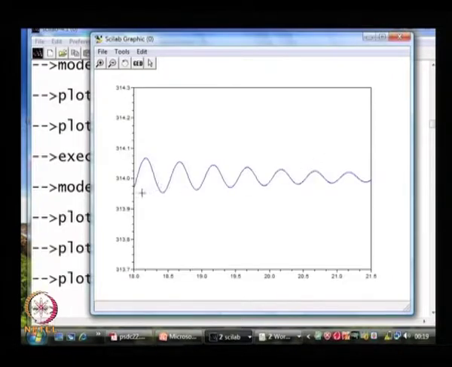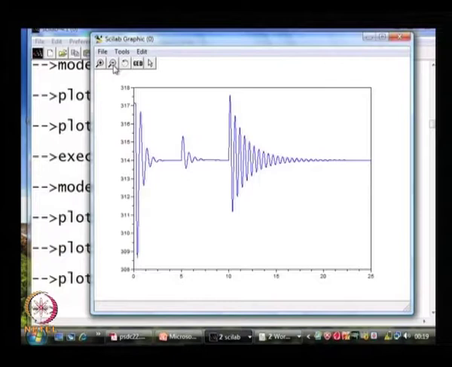you look at the frequency of the swings around this equilibrium point, you will find that it is, well, almost half a second. So, this is almost a 2 hertz oscillation, okay, around the equilibrium point corresponding to T m is equal to 1 and E f d is equal to 2.